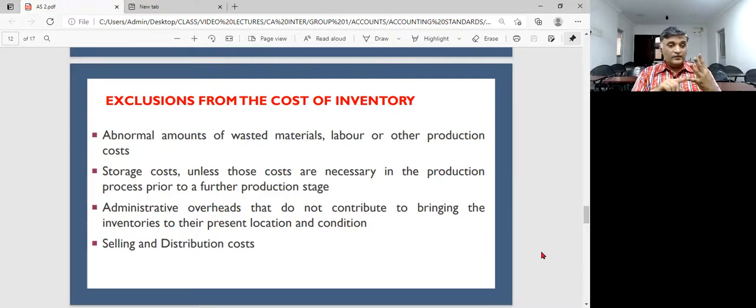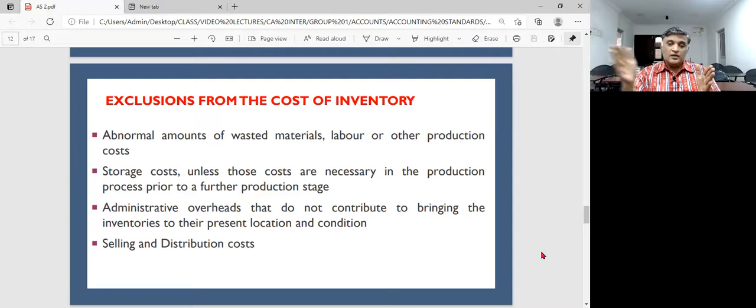That is important. Then storage costs. Storage costs, unless those costs are necessary in the production process prior to a further production stage. By and large, storage costs, you forget it. You need not include as part of inventory. However, if there are process 1, process 2, process 3, the product moves from process 1 to process 2, and then from process 2 to process 3.